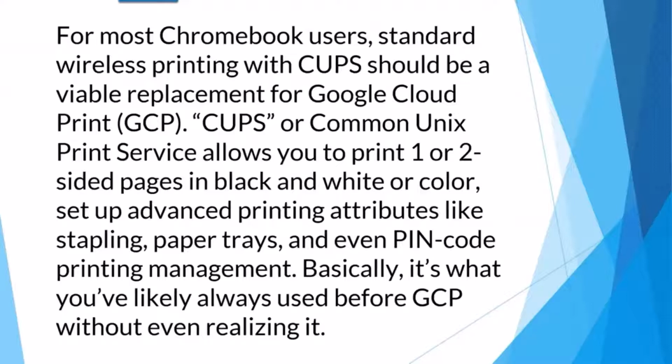CUPS, or Common Unix Print Service, allows you to print one or two-sided pages in black and white or color, set up advanced printing attributes like stapling, paper trays, and even pin code printing management. Basically, it's what you've likely always used before GCP without even realizing it.